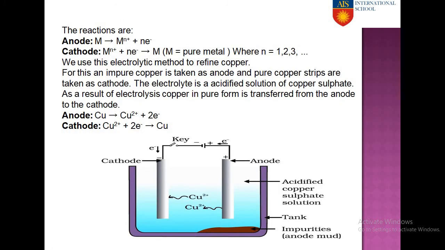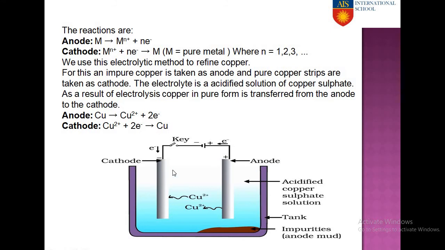So the reaction of M to M plus, for any metal at the anode, is that the metal gives away electrons. At the cathode, the metal ion accepts electrons and forms a pure metal. Let us take the example of the electrolyte which I have already explained in the last slide.